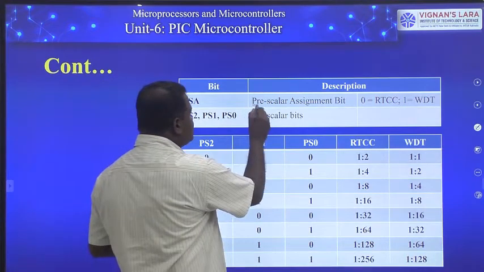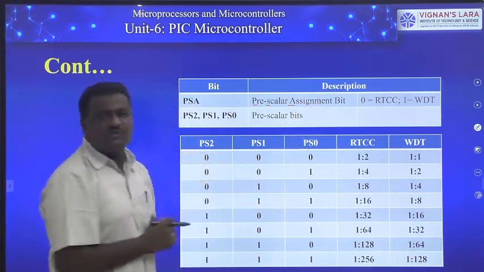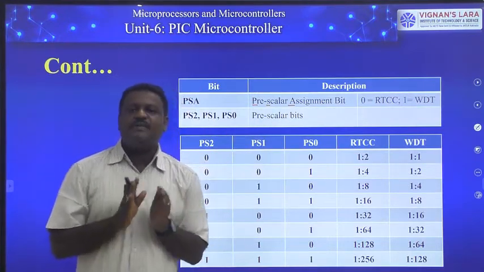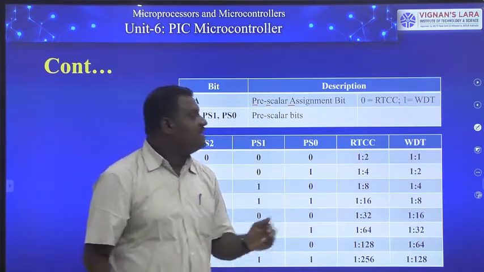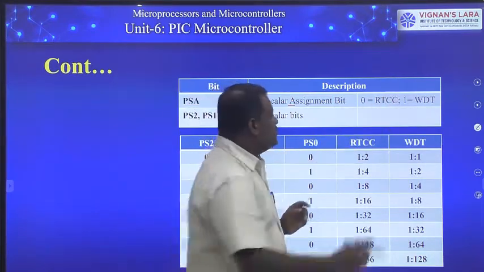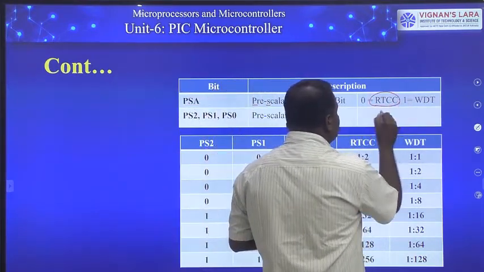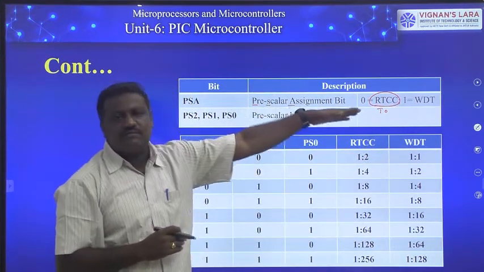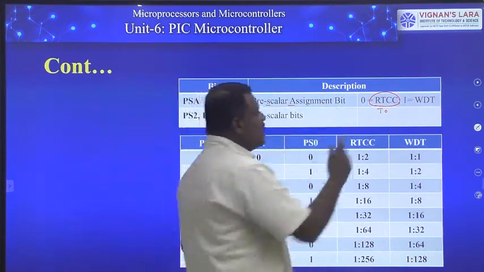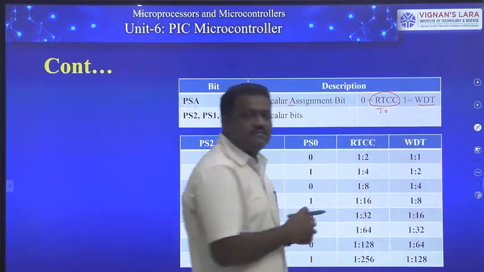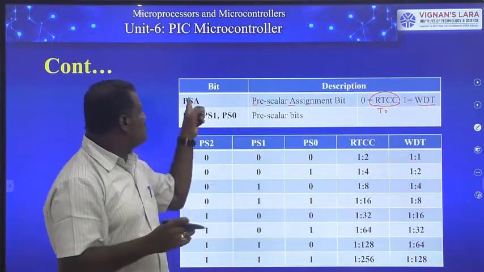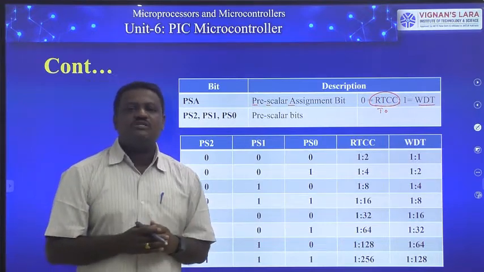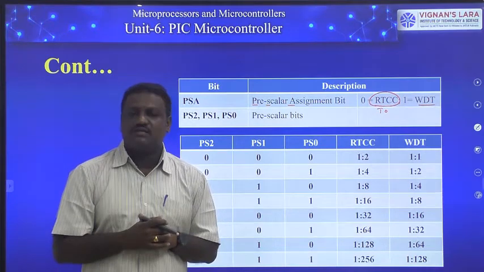If this bit is equal to 0, we are assigning prescaling for RTCC, the real time clock counter, which is nothing but timer 0 itself. If it is equal to 1, then we are assigning the prescaling to the Watchdog timer WDT. So this decides whether we assign prescaling to timer 0 or to the Watchdog timer WDT.